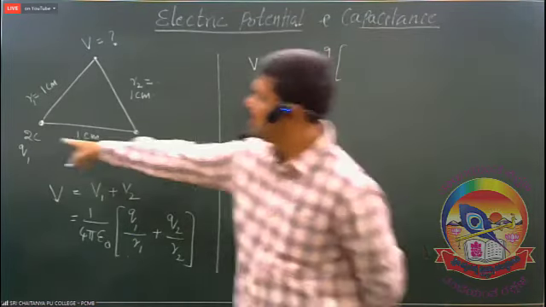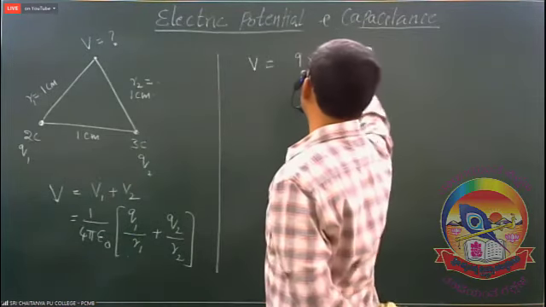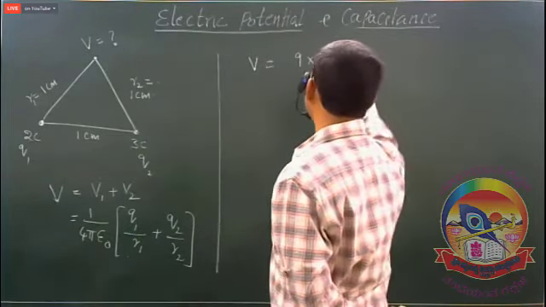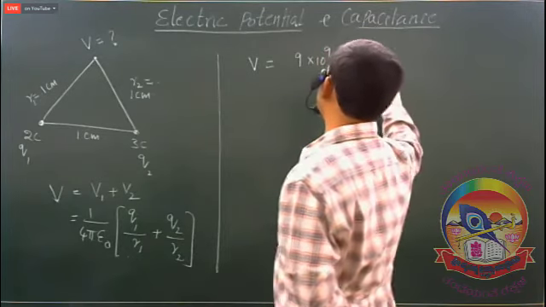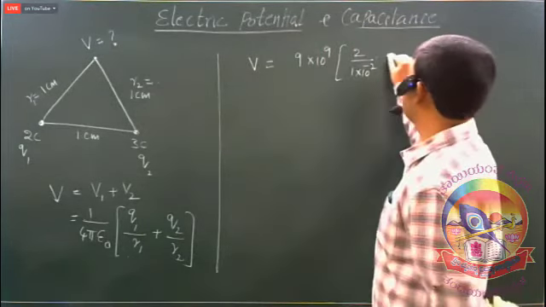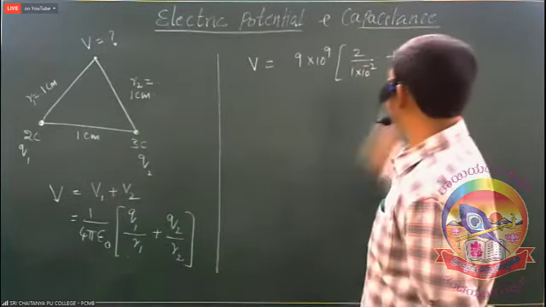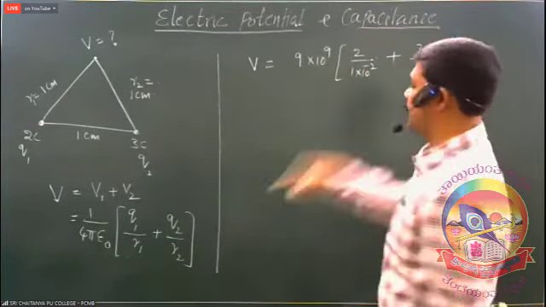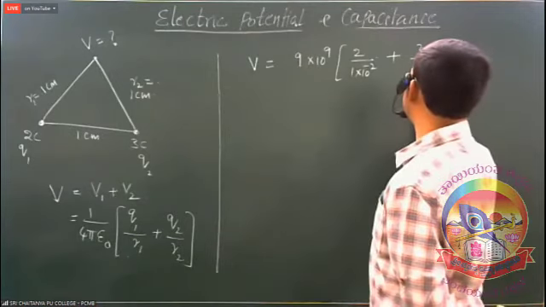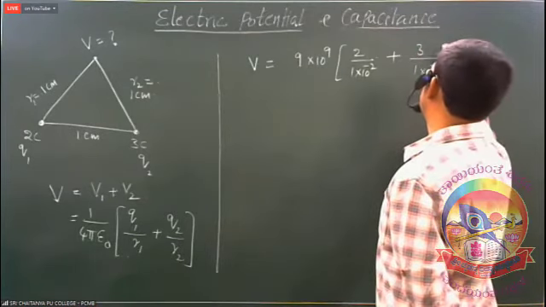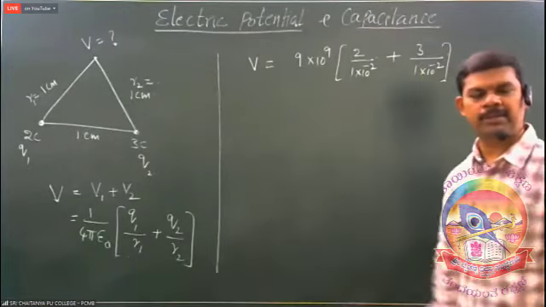Q1 is 2 coulomb, by R1, 1 centimeter, 1 into 10 power minus 2 meter, plus, because this is also positive, 3 coulomb, Q2, by R2, also 1 centimeter, 10 power minus 2.